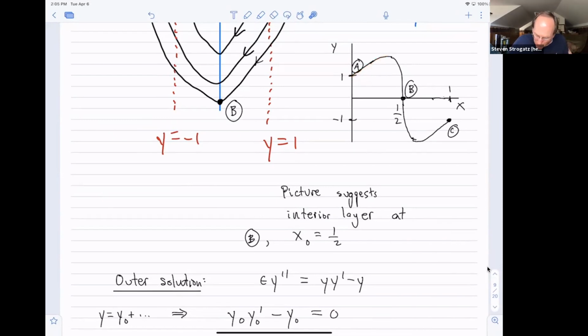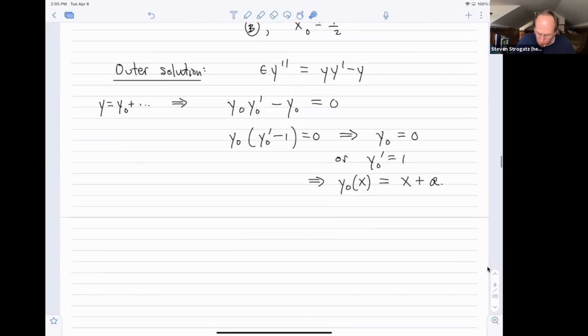And this one also looks like it wants to be a straight line of the form y equals x plus a constant, just with a different constant. And those constants will be determined by matching them to these boundary conditions here and here. That's the outer region. Then we're going to have to patch that together with whatever is happening in here in the inner region. Okay, so that's the setup that I'm going to just quickly go through.